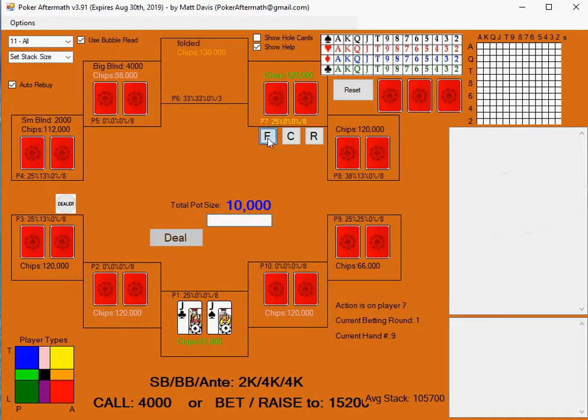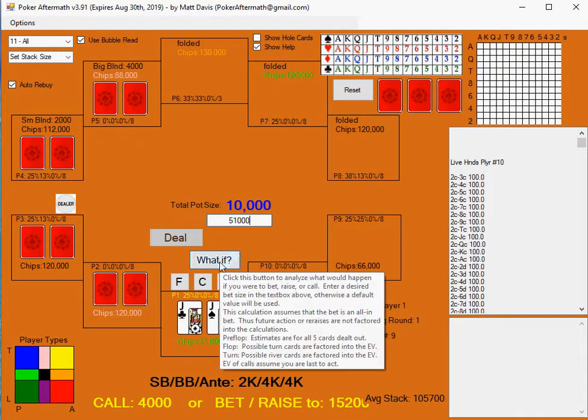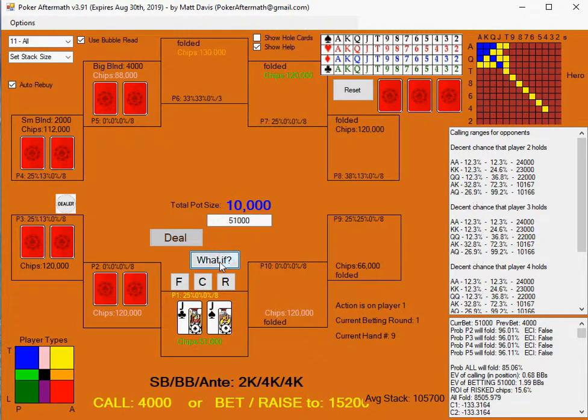But this time, let's suppose everybody folds to us and we're thinking about putting in all our chips. Let's see how that would be. So, 15.6% return on investment and a positive expected value. It would have been a reasonable thing for me to shove with the jacks, but calling a passive player, that's a bad play. So this is one where I could have held on and made the money.